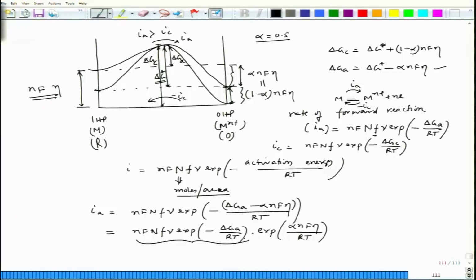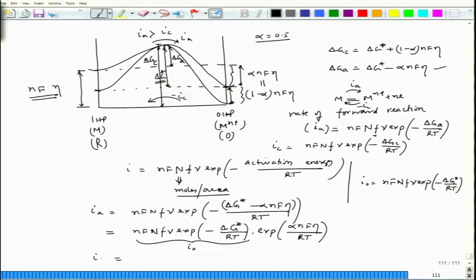This part is nothing but I 0, since I 0 equals n F N F nu exponential minus, sorry, here we have to put delta G star, since delta G A is delta G star minus alpha n F eta, delta G star by R T. So, this is I 0.